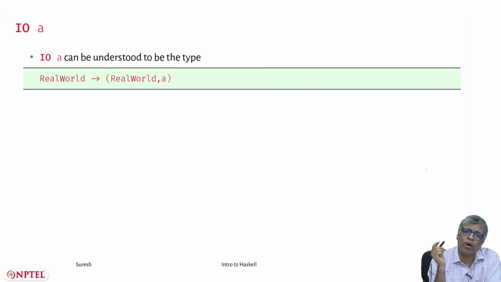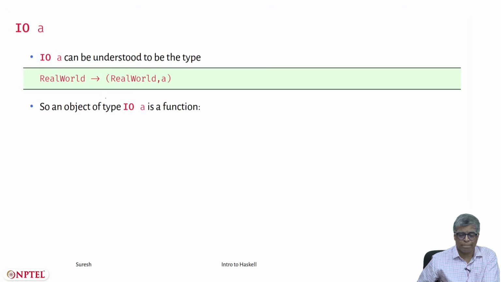Yeah, so one can understand IO roughly as follows. IO A itself is shorthand for real world arrow, the pair real world comma A. So what this means is that IO takes a state of the real world as input and produces a different state of the real world along with a value of type A. Okay.